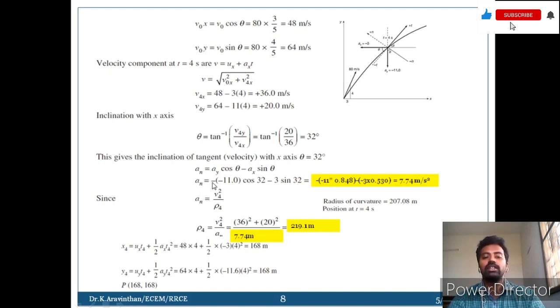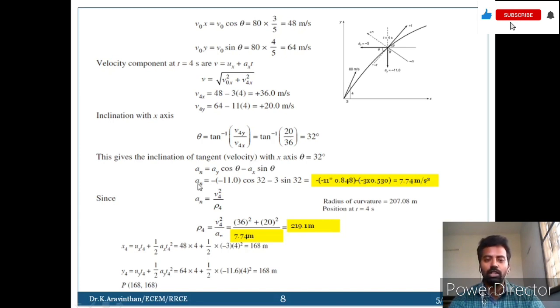Why? Because it is in the direction of negative. Next, if you substitute here, you will be getting 0.848 as cos 32 degree, and sin 32 degree is 0.530. After simplifying that, you will be getting 7.74 meter per second square.